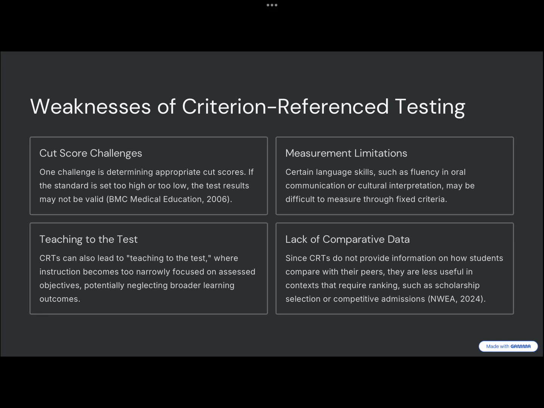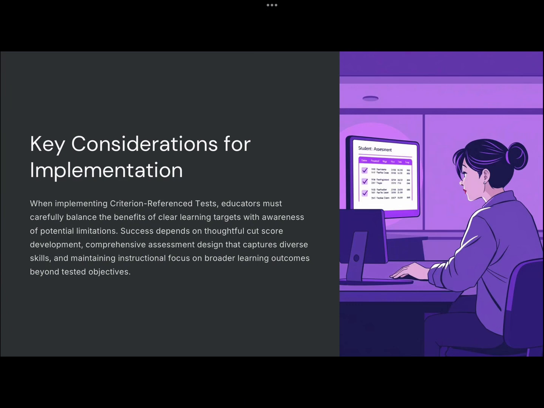While this focus on individual achievement is good for learning, it limits the test's value in situations where comparison or competition is necessary. In such cases, CRTs are often paired with norm reference tests to provide both mastery level information and relative performance data. And now the key consideration for implementation.